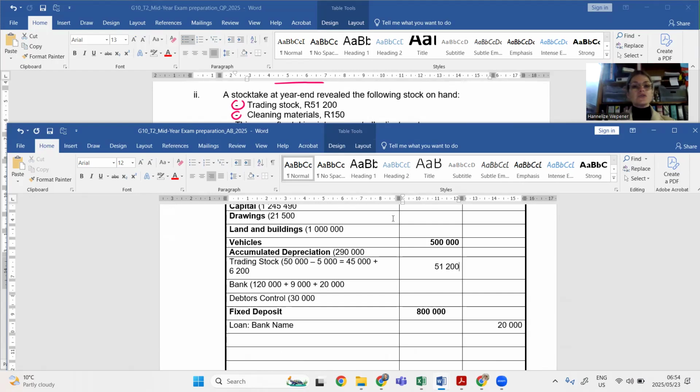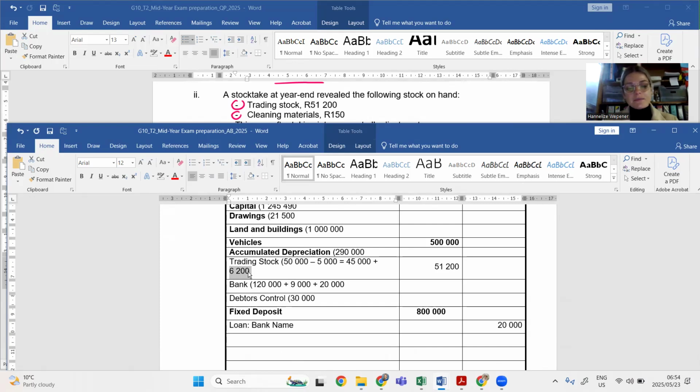51,200. But I know that I cannot have what we refer to as a one-leg journal. Remember, you're walking with your two legs, so two things happening. And that means that I now need to have a credit 6,200 somewhere because I've now debited trading stock.